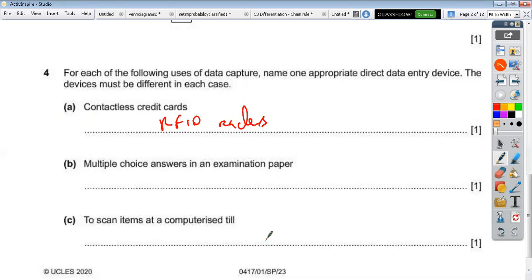Multiple choice answers on an exam: what do we use to mark, to read the multiple choice answers? What do we use? No, what do we use to read the multiple choice?